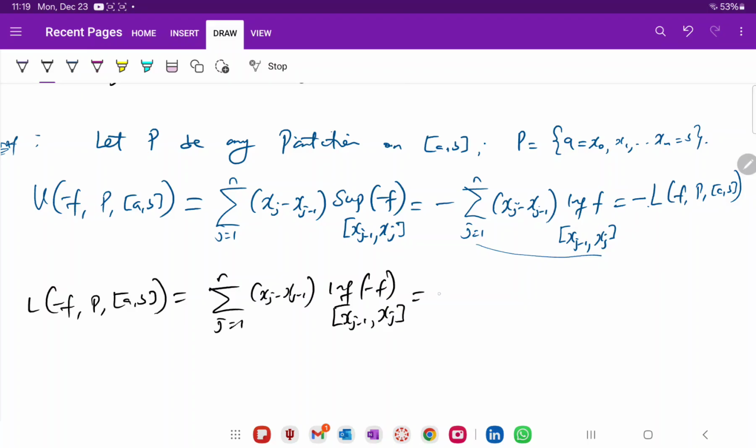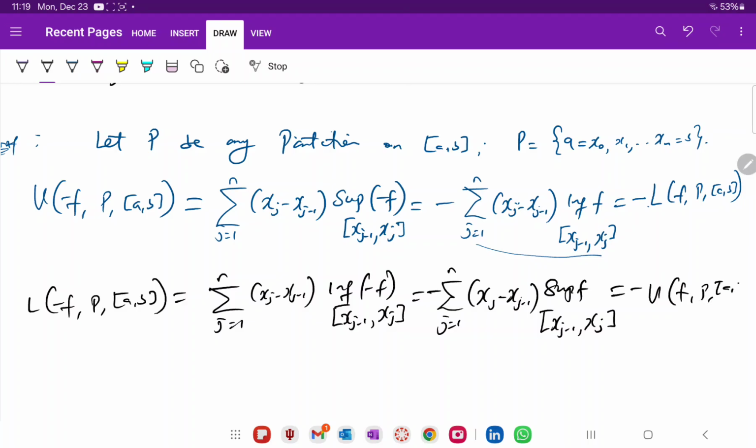This also equals minus the summation of (xj minus xj minus 1) times the sup of f over [xj minus 1, xj], by the properties you defined. So this is also the definition of the upper Riemann sum.